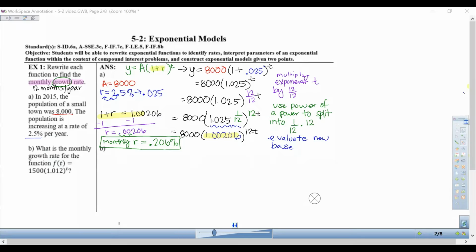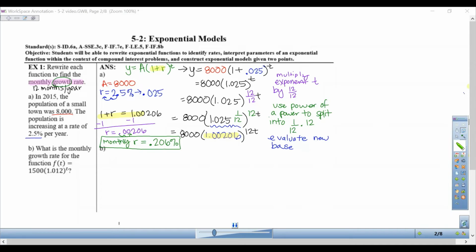Okay, so as we do B, I'm going to just focus in on the part that I need to answer the question. So if I were to need to figure out the amount in the population after a certain number of months, I can use this equation that we found here. However, the question's just asking us for this monthly rate.